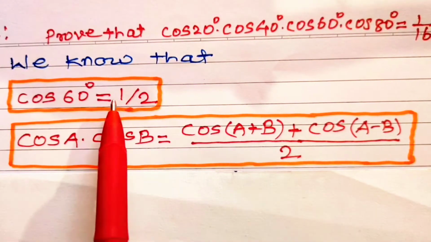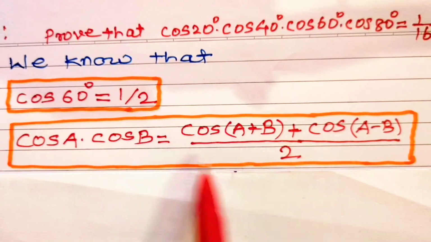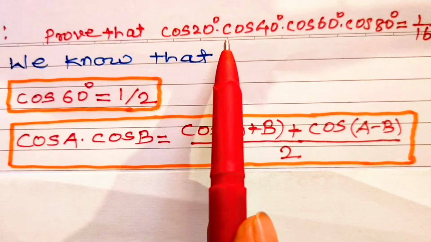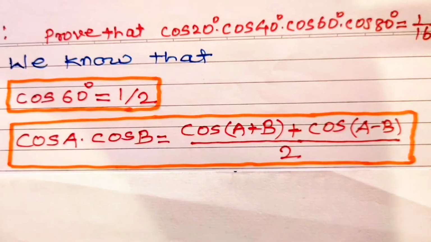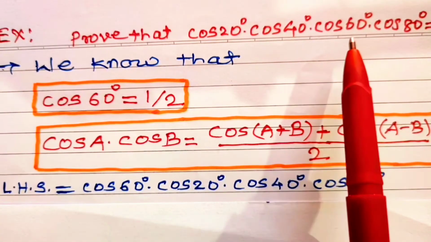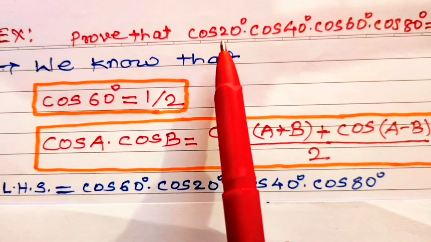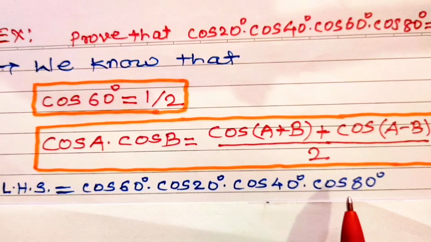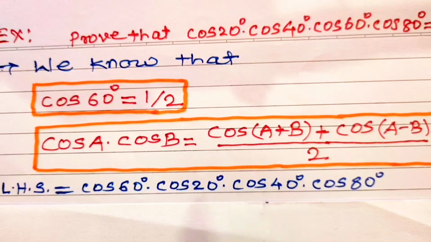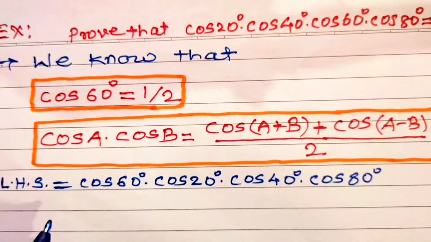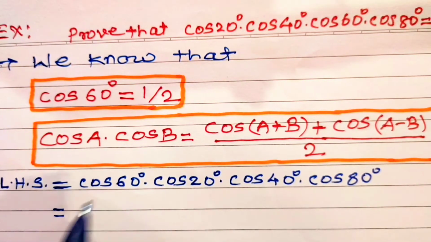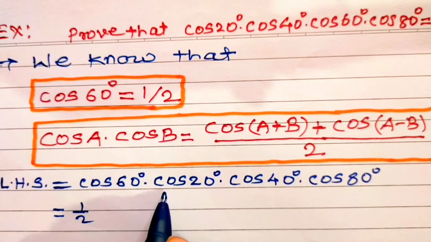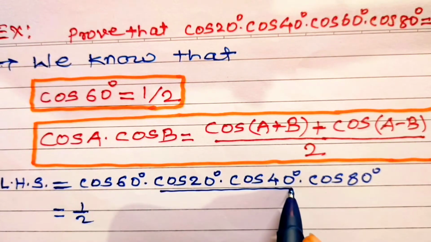Okay, let us put this value, and using this formula left hand side of given statement becomes like this. Rewriting, cos 60 degree is taken first and remaining cosine functions we have taken cos 20, cos 40, cos 80 in this order. Let us solve this sum. Hence this is equal to cos 60 is half, then cos 20 into cos 40.